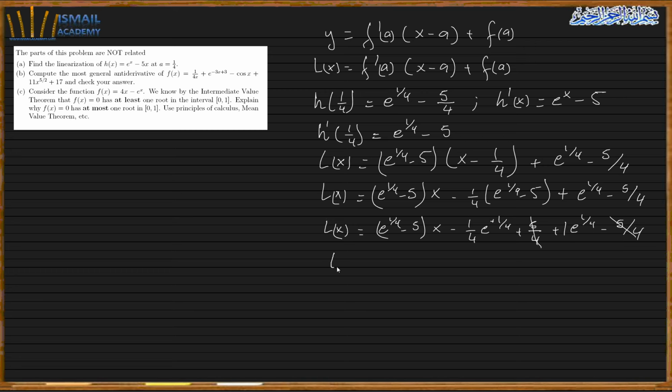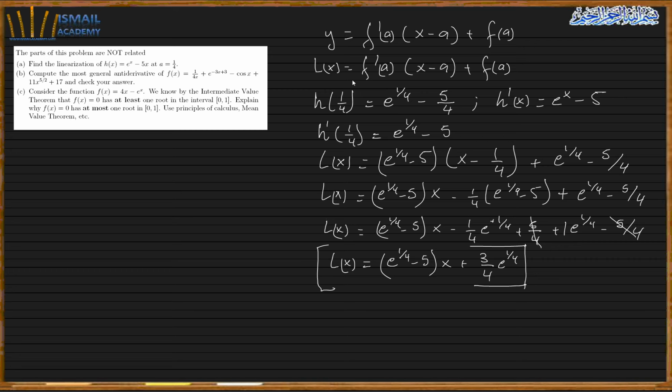So my final answer will be L(x) is (e to the 1/4 minus 5) x plus 3/4 e to the 1/4. So this will be my linearization of h of x at a equal 1/4.